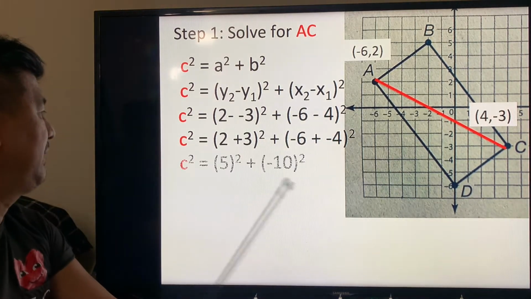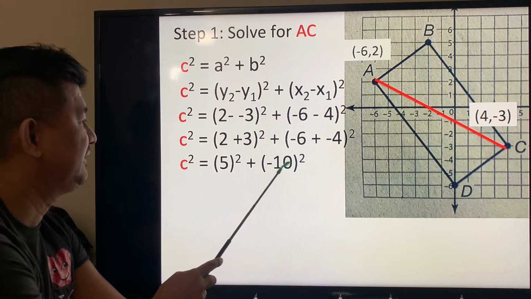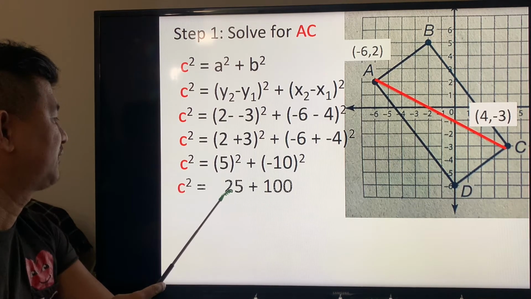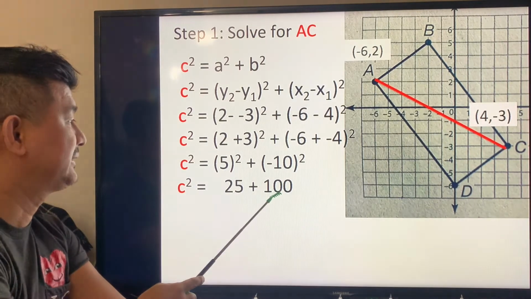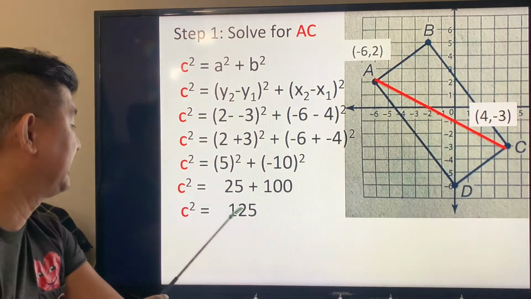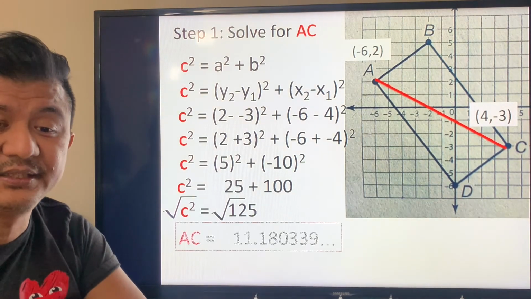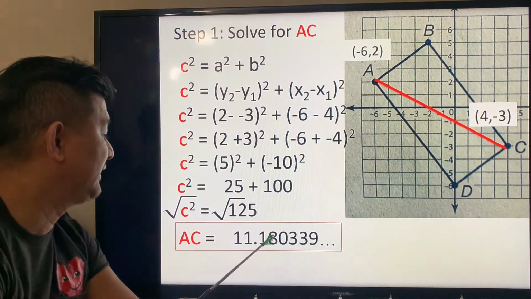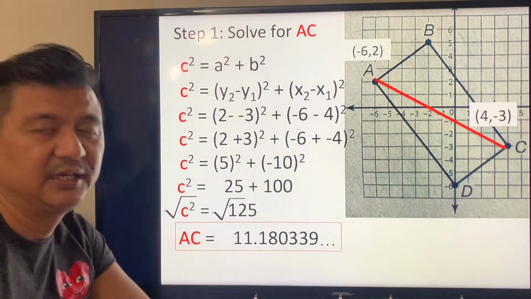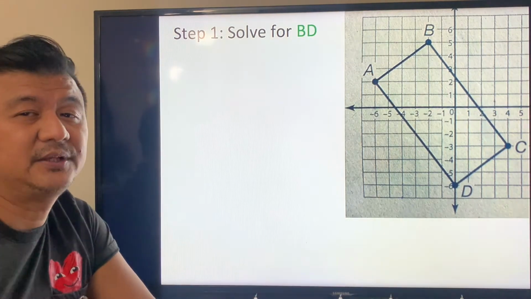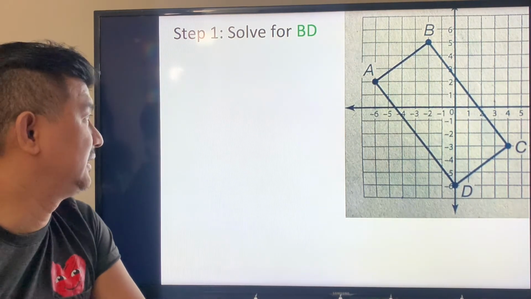So let's add them up. 5 squared, negative 10 squared. 5 times 5 is 25, 10 times 10 is 100. Add them up, 125. And the square root of 125 is 11.180339, non-terminating.